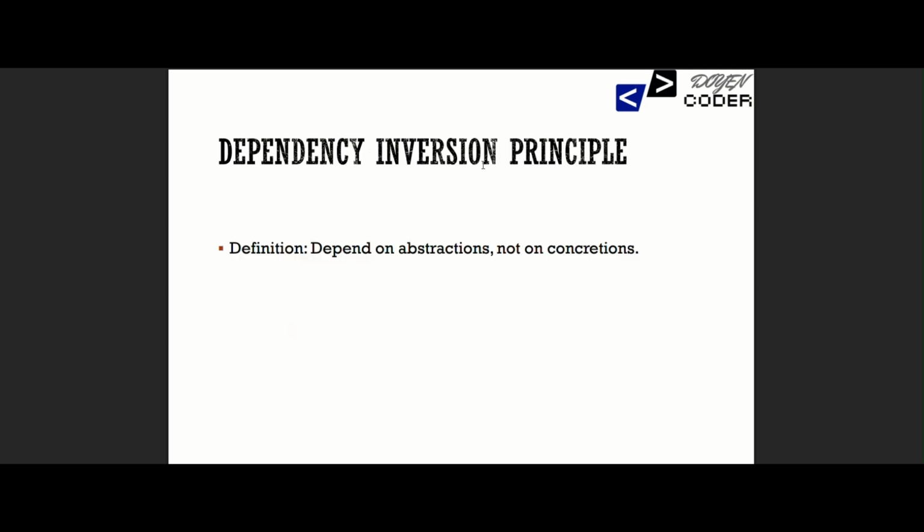Okay, then let's go to the last principle, the dependency inversion principle. It says depend on abstraction, not on concretion. Abstraction means a class or method that should not have any implementation; it ends with a semicolon after the braces.